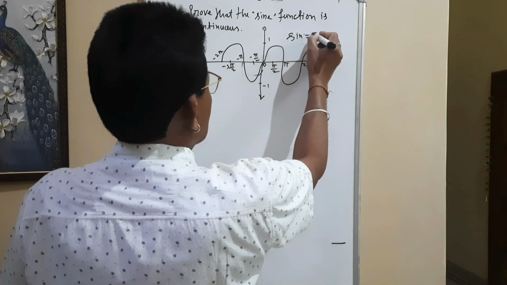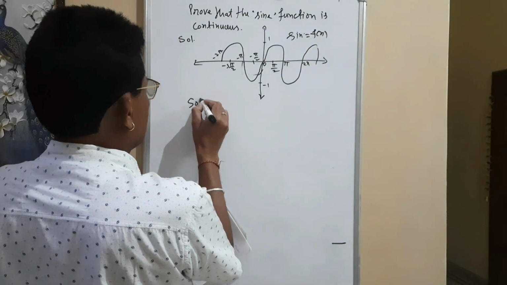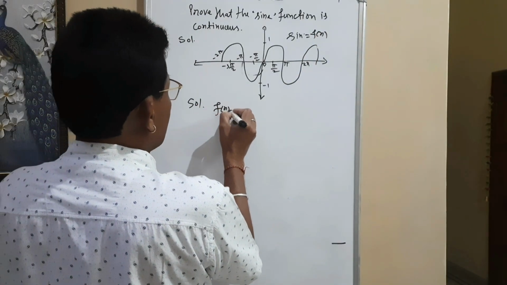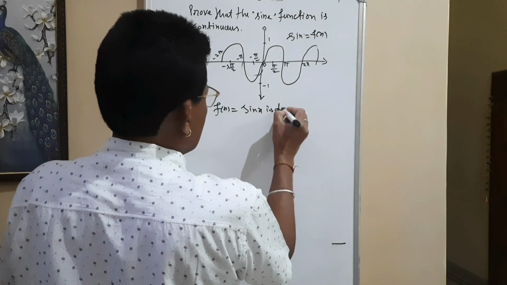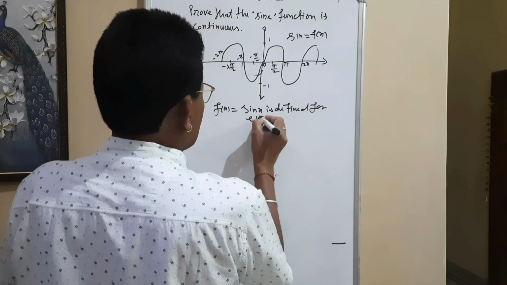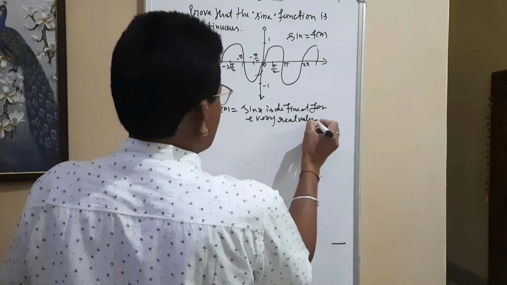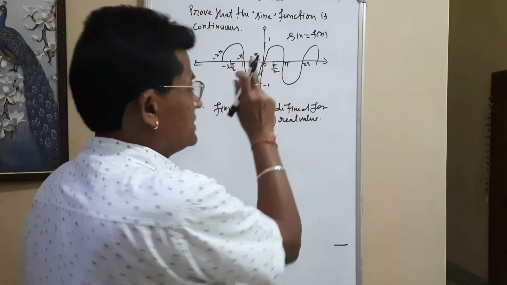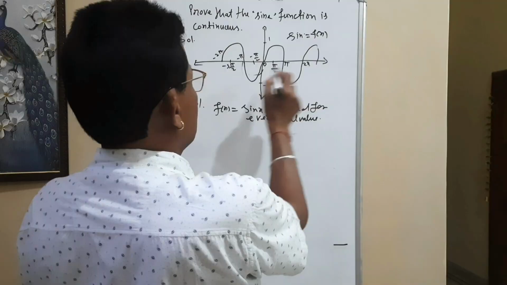Sine function, it will be equal to, suppose, fx. This fx will be defined, my dear student. Let me take the solution. Fx is equal to what? Sine x is defined. This is defined for every real value, because that is why I have drawn this graph, so that you will see the graph will be continuous.